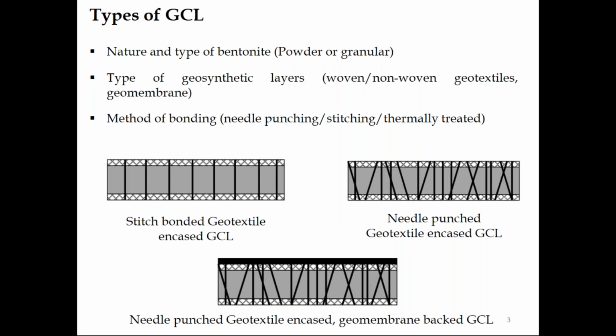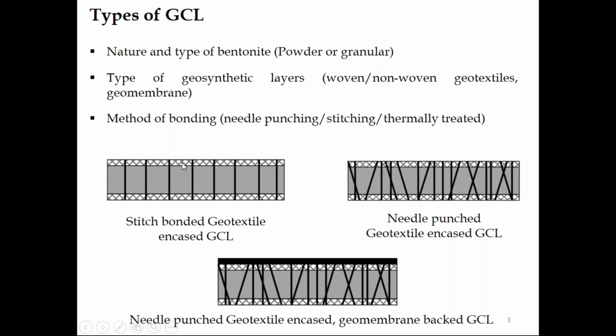Depending on them, GCLs are classified based on nature and type of bentonite, whether it is powder bentonite or granular bentonite, and also based on the type of geosynthetic layer used in the GCL, whether it is woven geotextile, non-woven geotextile, or geomembrane, and also based on bonding, the GCL is classified as needle punched, stitched, or thermally treated. So this figure shows the stitch bonded geotextile based GCL.